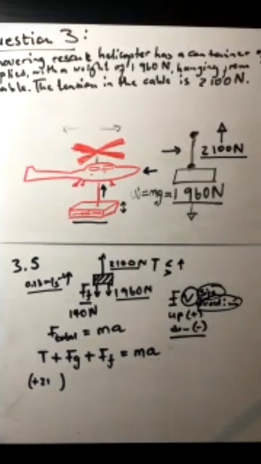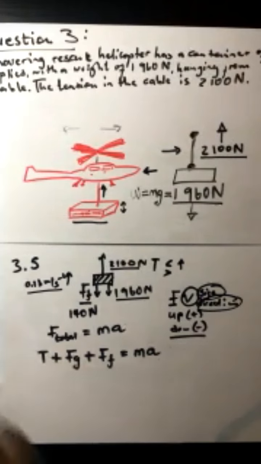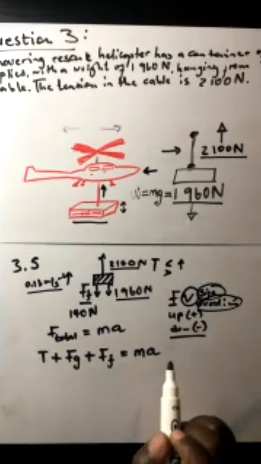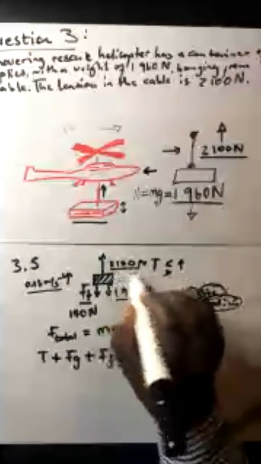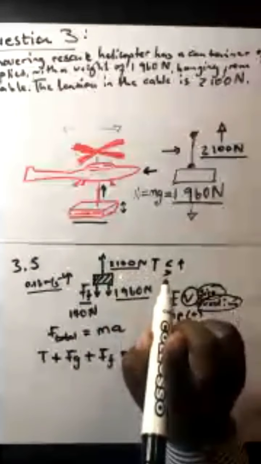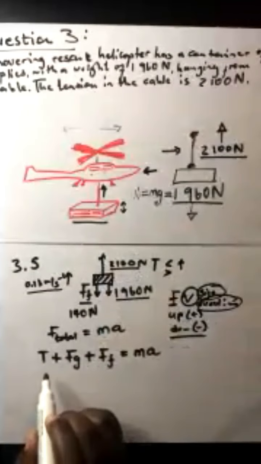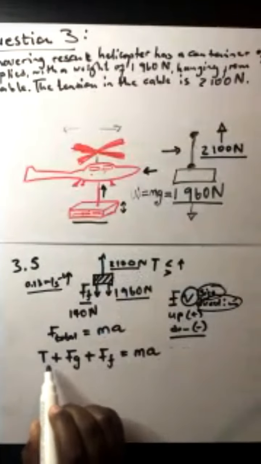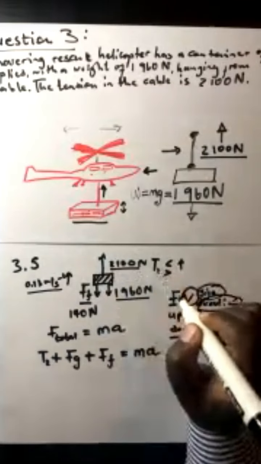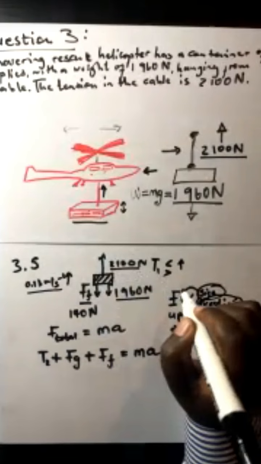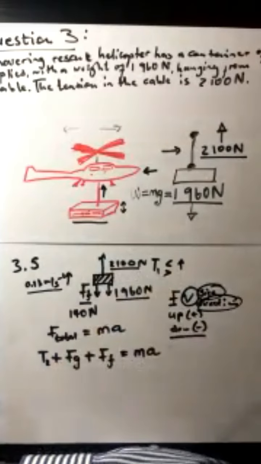But wait, guys, remember, the tension is what the question wants us to calculate. So we cannot substitute 2,100 because someone said it's going to be a bigger value. So we can just call it tension number 2, and that one was tension number 1. Do you now understand the difference between the two?